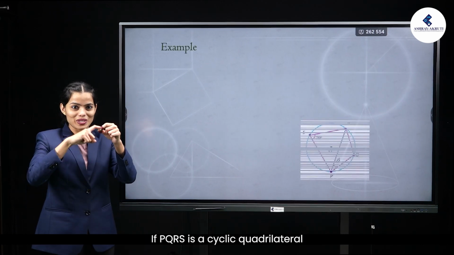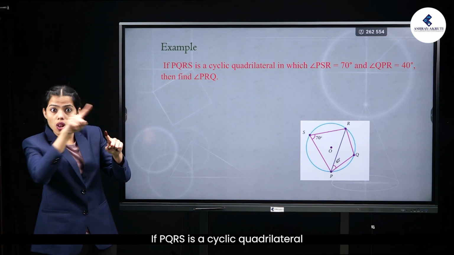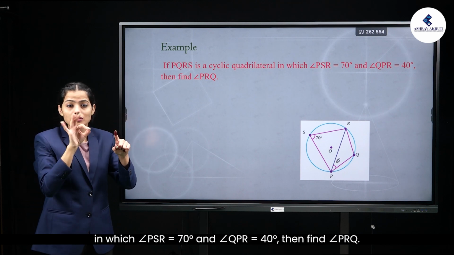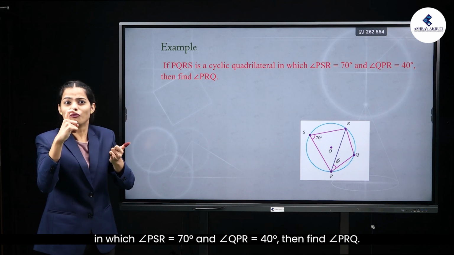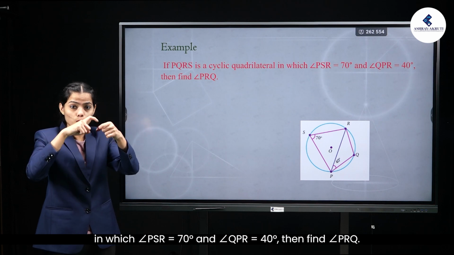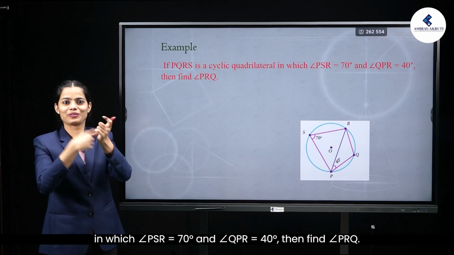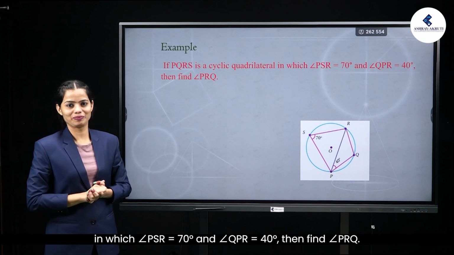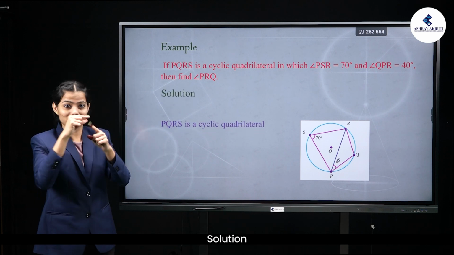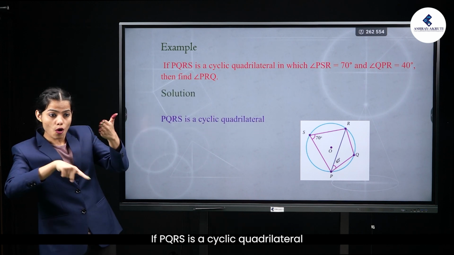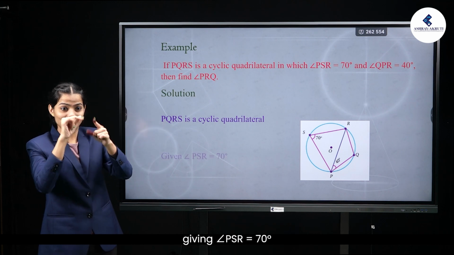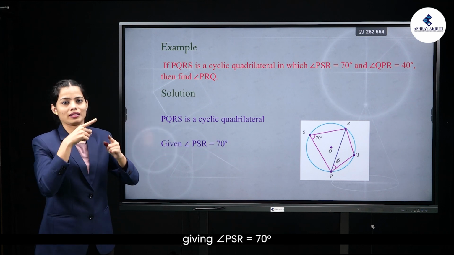Example: if PQRS is a cyclic quadrilateral in which angle PSR is equal to 70 degrees and angle QPR is equal to 40 degrees, then find angle PRQ. Solution: PQRS is a cyclic quadrilateral, given angle PSR is equal to 70 degrees.